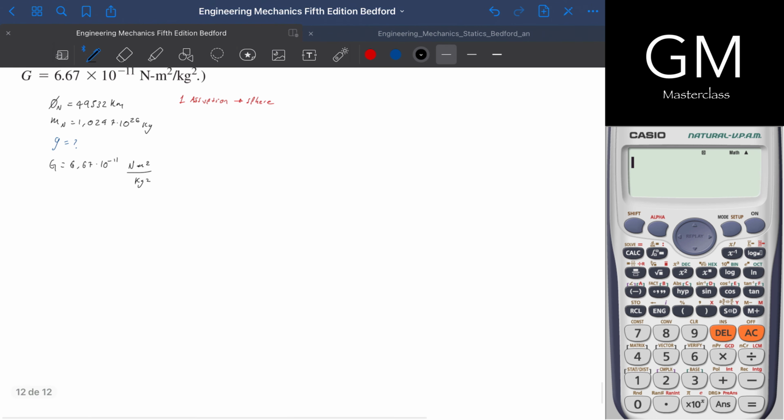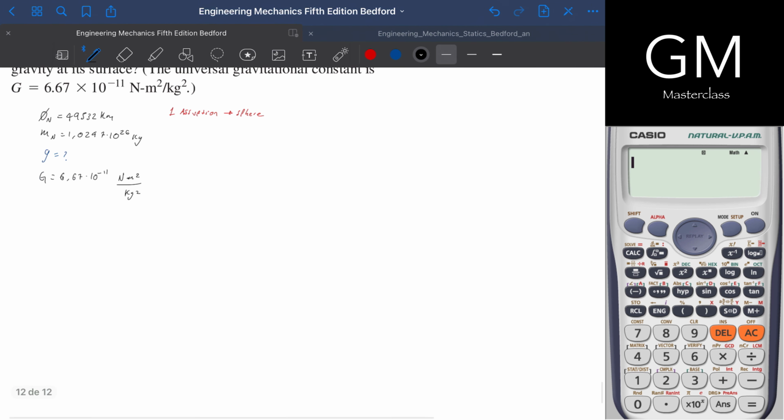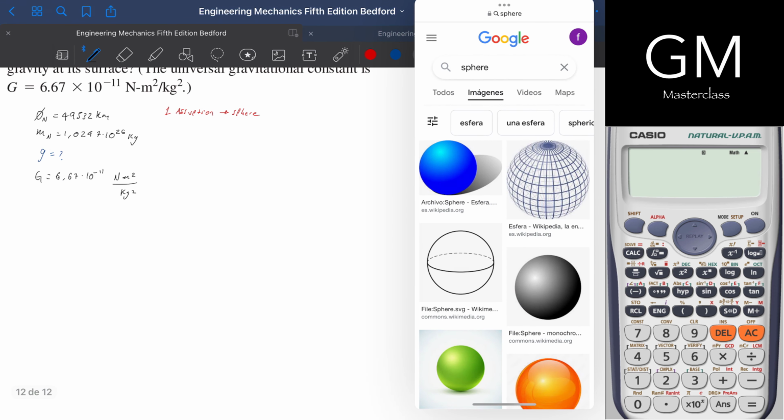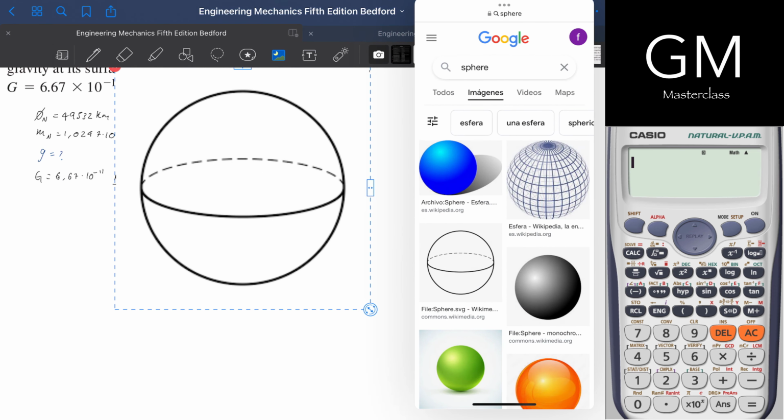Now, I've looked for a sphere image right here.